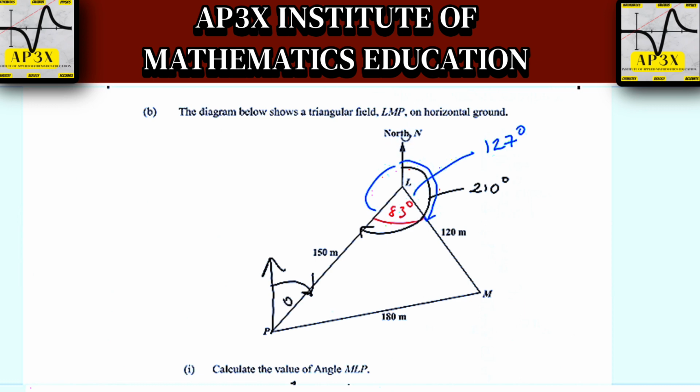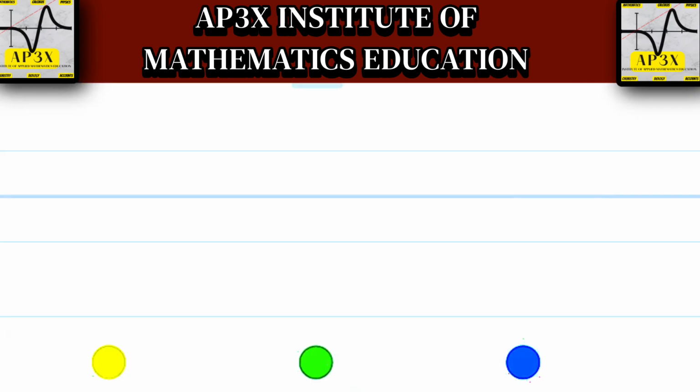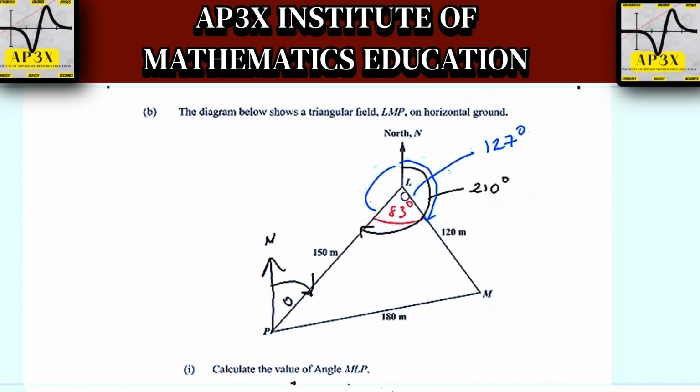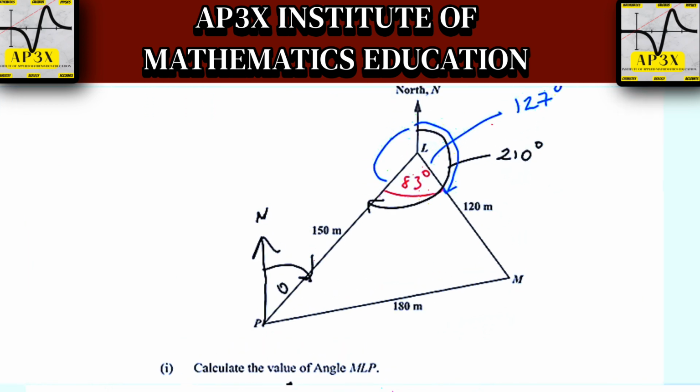Now, since the north line here is parallel to this north line all the way down here, we know that an alternate angle will form. So north comes all the way up here. If I make an auxiliary line to create a south line here, let's zoom up a little bit for you guys.